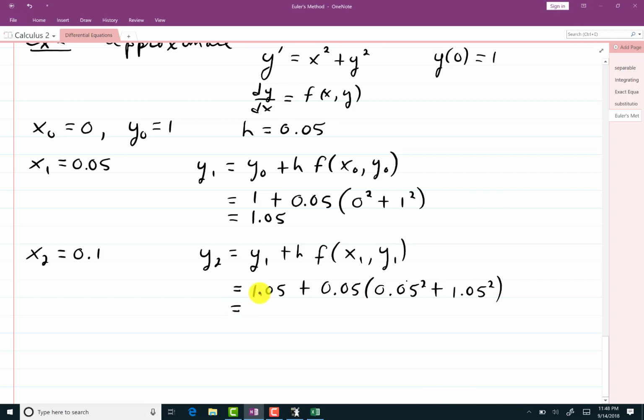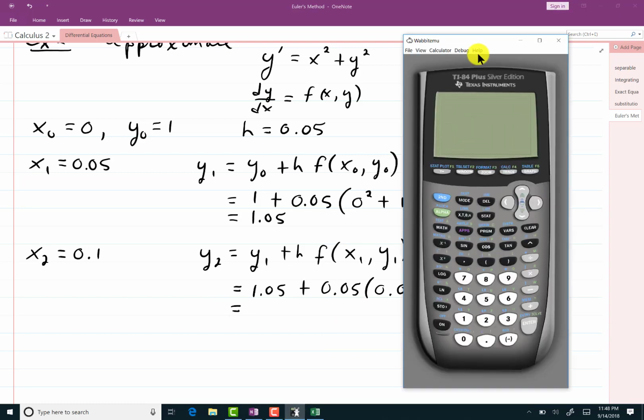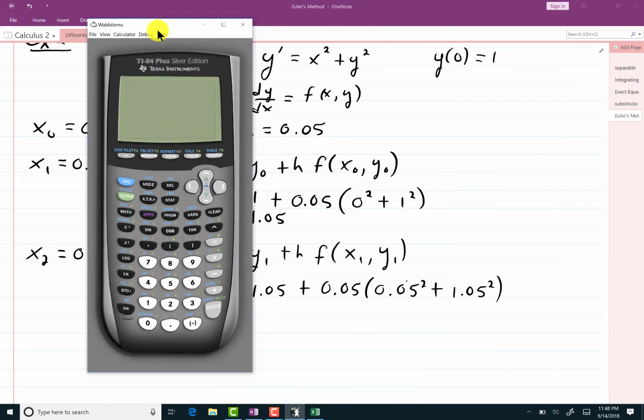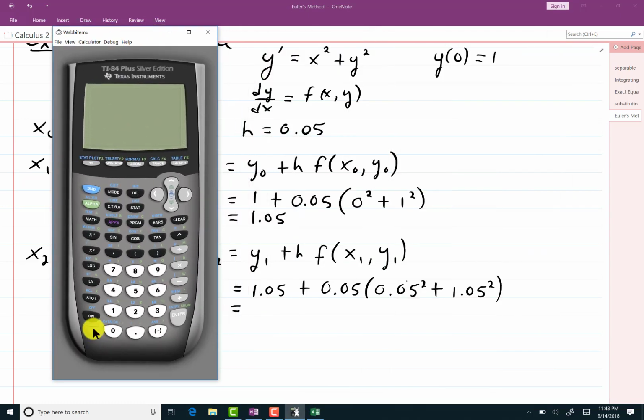And so that gives me, I'm not going to do this by hand. I'm going to let calculators do most of my work. In fact, after the next one of these, I think I'm going to go straight to my Excel spreadsheet anyways. So let's see what we have here.